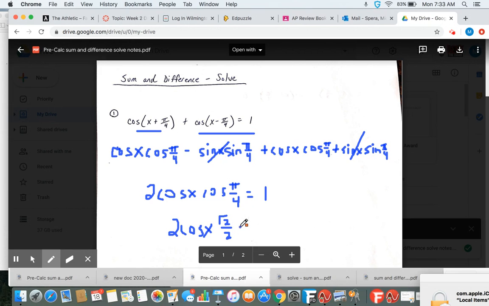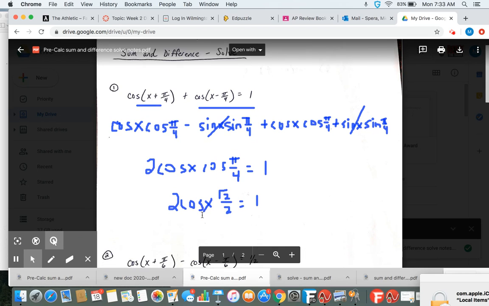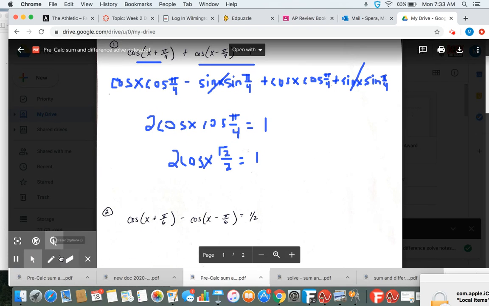We're still trying to get that cosine x by itself, so I'm not done simplifying yet. But it's 2 times cosine x times root 2 over 2. Well, 2 times root 2 over 2, these 2's are going to cancel. And then it's just cosine x times root 2, or if you wanted to put the root 2 first, it doesn't matter. And you got root 2 cosine x equals 1.